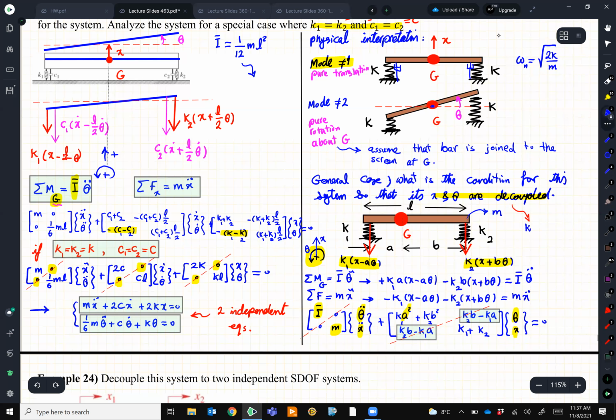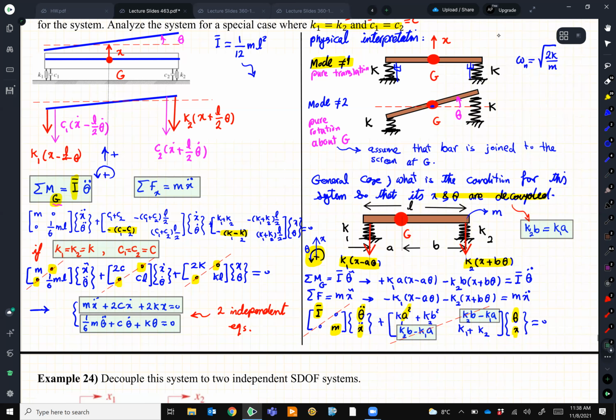So K2 b to be equal to K1 a. And that's the condition. If I have that condition, what will happen? This system will be decoupled. And what is this condition?